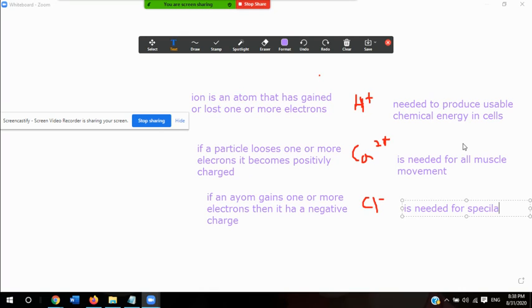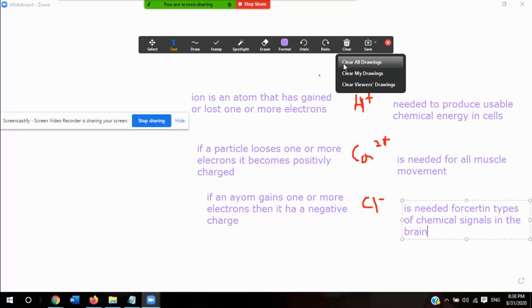So those are examples of ions, how ions form, and what kinds of ions are needed in our body.